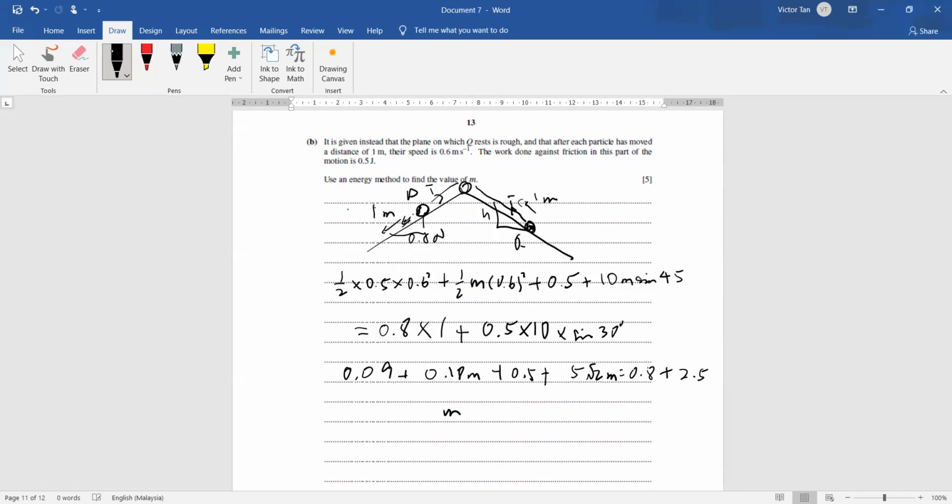Okay, therefore m equals 2.5 plus 0.8 minus 0.5 minus 0.09, over 0.18 plus 5 root 2 over 2, which is 0.263.